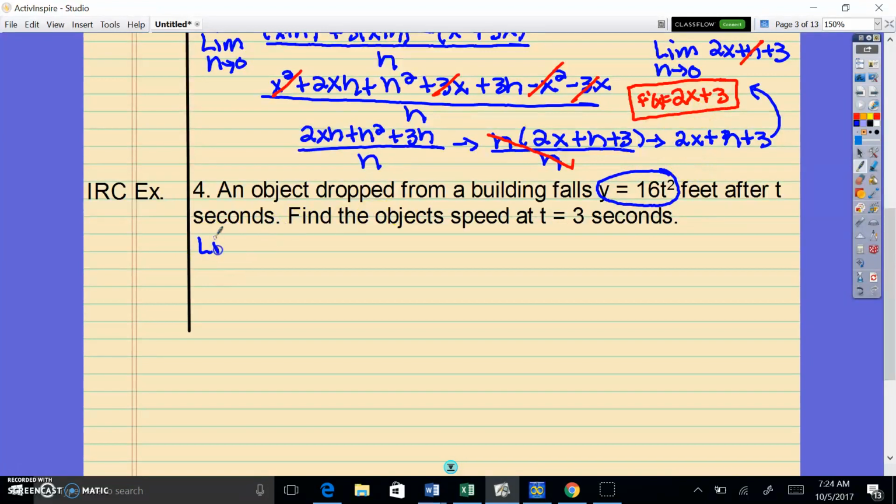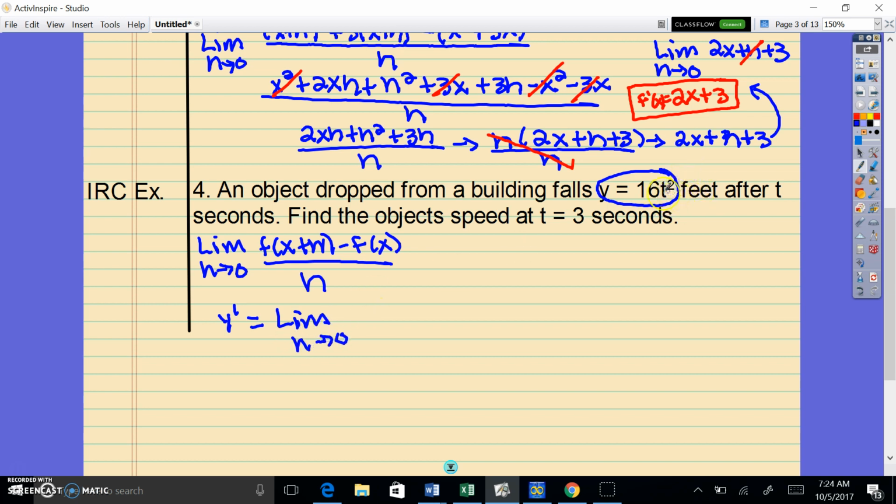We're going to take the limit as h approaches 0 of f of x plus h minus f of x divided by h. And so what's going to happen is that I'm going to have to apply this formula to this function. So what we'll get here for the derivative will be the limit as h approaches 0.